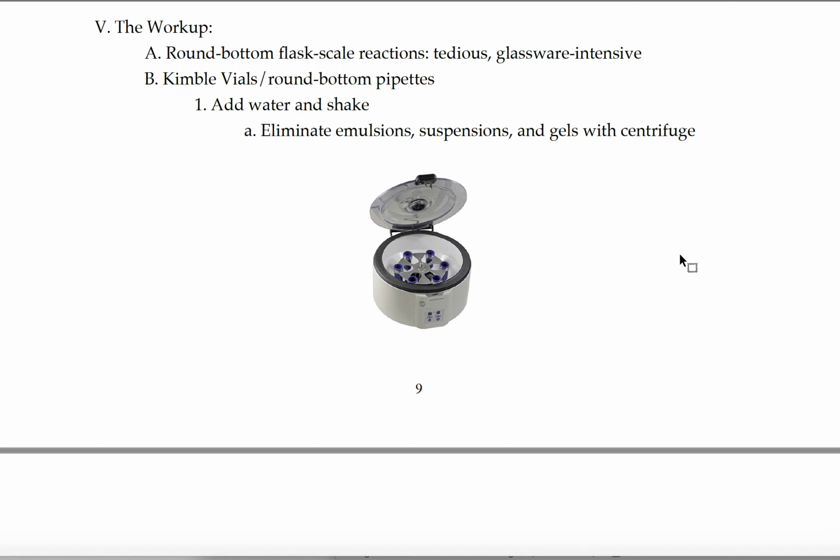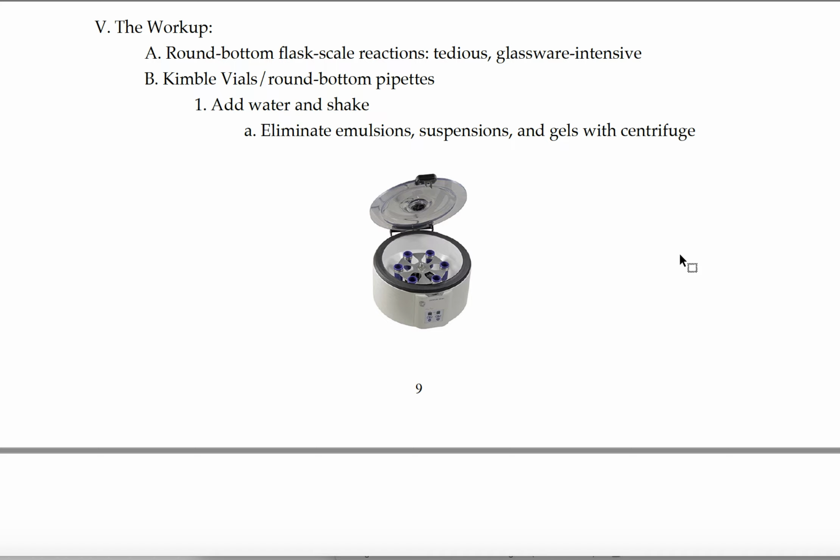And then you extract 3 times, and then you take the organic and you add drying agent, and you filter it through fluted filter paper in a funnel, and then you put it in another round bottom flask, and you put it on the rotovap, and about 30 minutes later it's done rotovapping. That is a lot of work. It's a lot of glassware to clean.